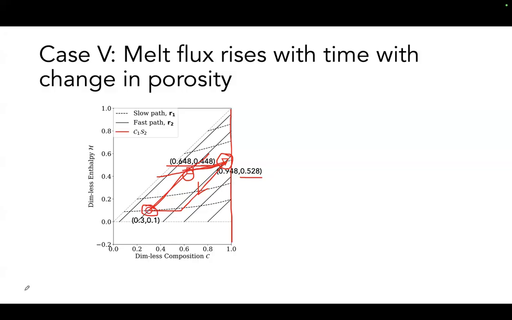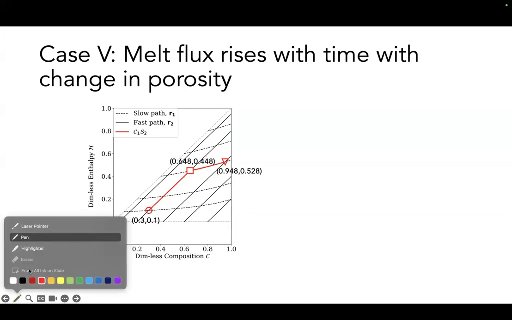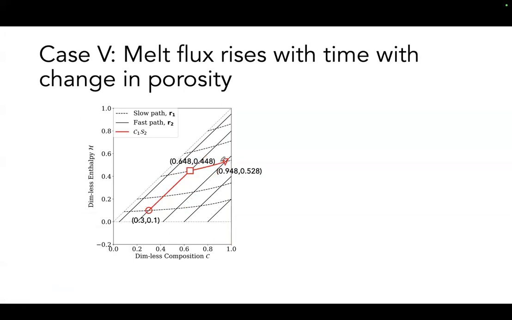So the solution in summary is, from the left state, there is a contact discontinuity which stays right at the point of the jump, signifying the porosity jump. And then from that intermediate state, there is a fast path, which is your shock wave. We are not going in the direction where the speed of the waves increases.